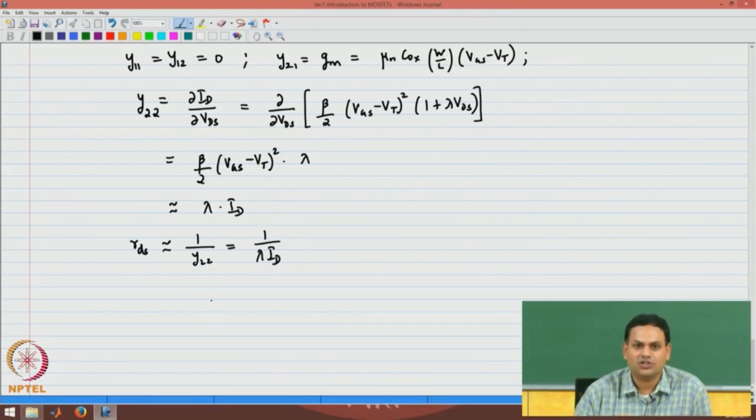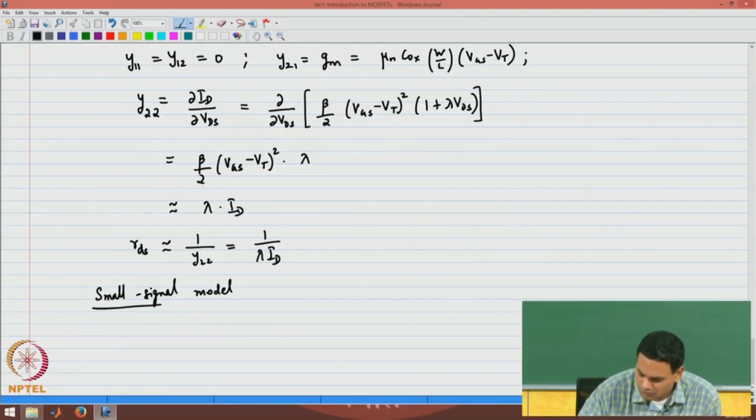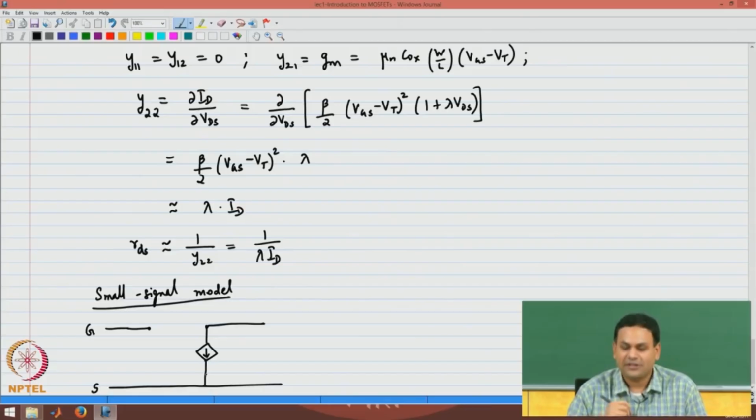Now we are in a position to draw the small signal model of the MOSFET. I am going to take the source terminal as the reference terminal between the input and output ports. At the gate, the device is an open circuit, and on the drain side you have two parameters of interest. One of them is Gm times Vgs.